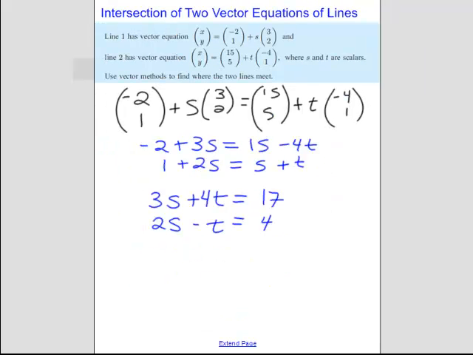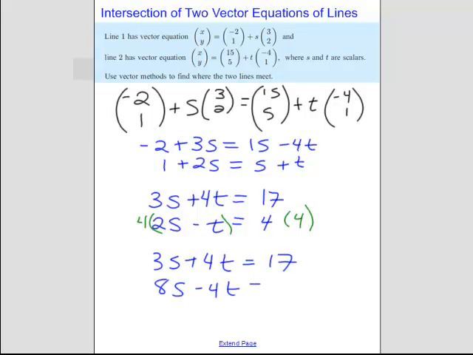And then going through elimination, multiplying the bottom by 4, I have 3s plus 4t equals 17, and 8s minus 4t equals 16. Add the two together, 11s equals 33.